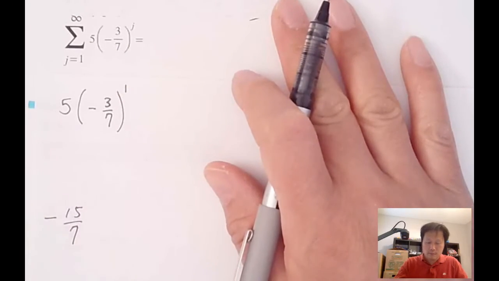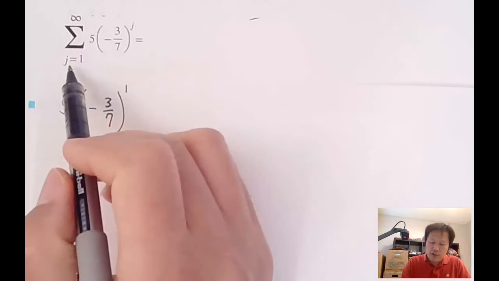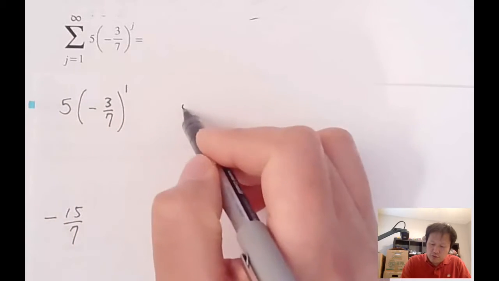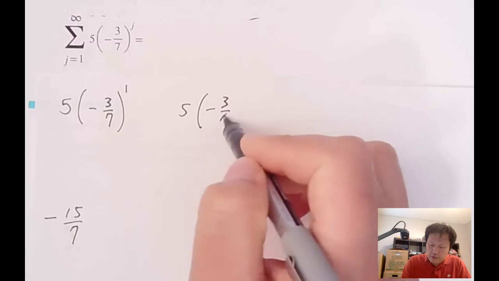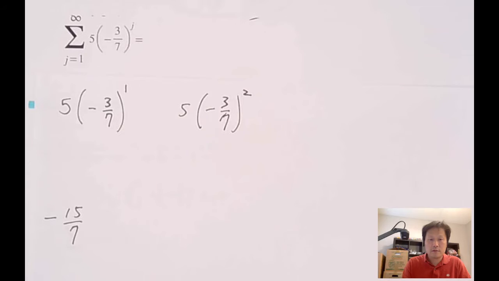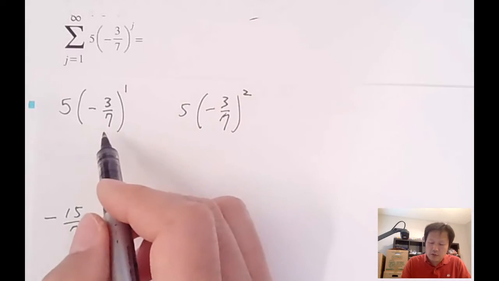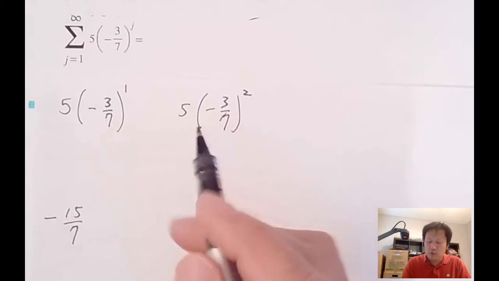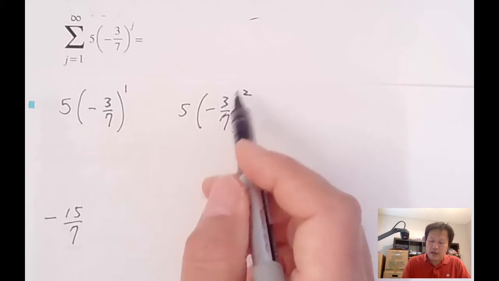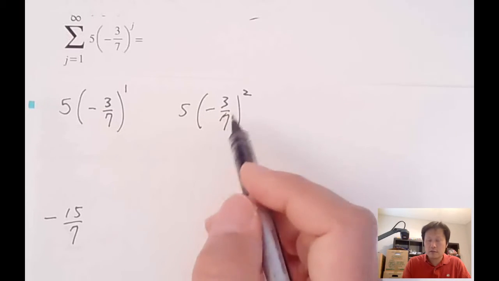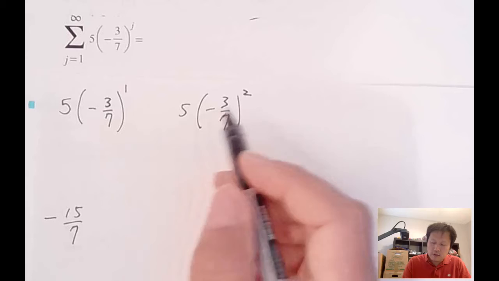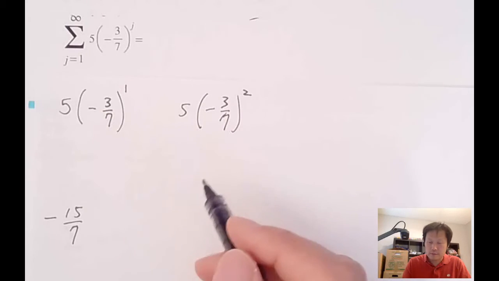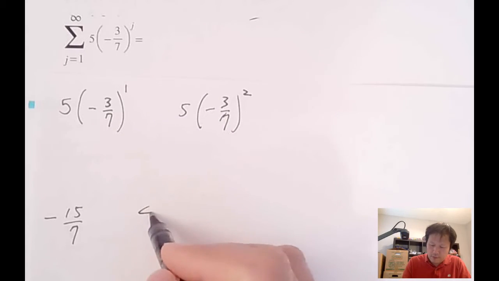If you plug in the next j value, which is 2, you plug it in: 5 times minus 3/7 to the second power. So if you want to get that value, that should be what? 9/49. And 9 times 5, 45/49.